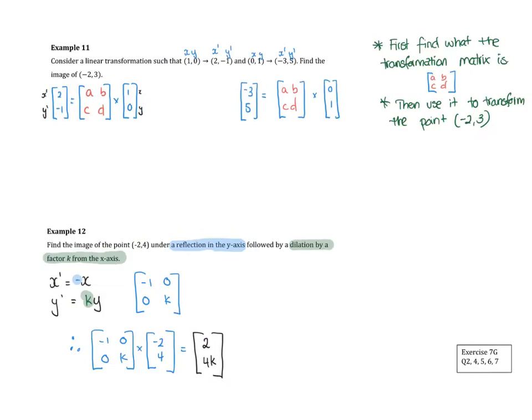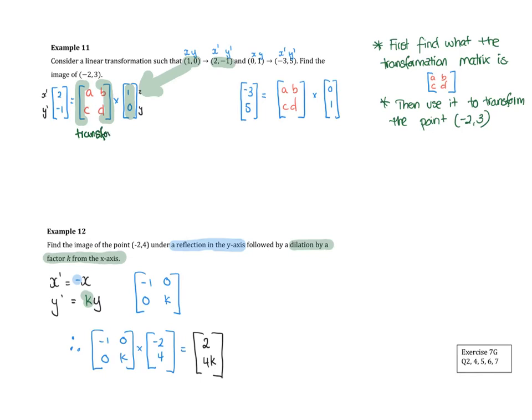Okay, so let's have a look at this example 11. It says, consider the linear transformations such that, so this was the original point, yeah, and then when it got transformed, the point went to that. So when we do a transformation, we know this is the original point, and we times it by a transformation matrix.